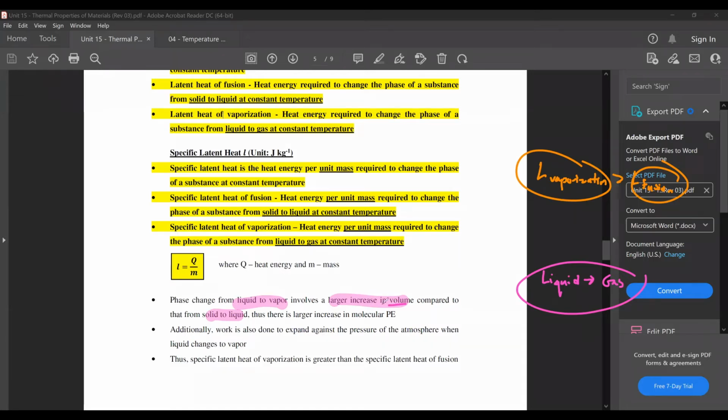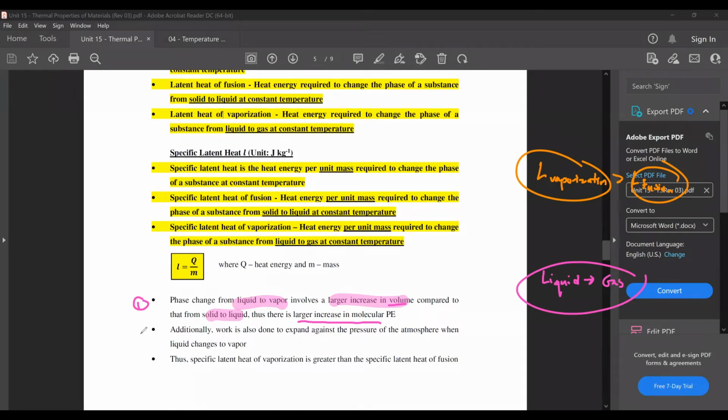This already tells you you will have a larger increase in molecular potential energy. You need to increase your molecular potential energy even more when you change from liquid to vapor. This is point number one. Large increase in volume, larger increase in molecular PE. So you need more energy here.